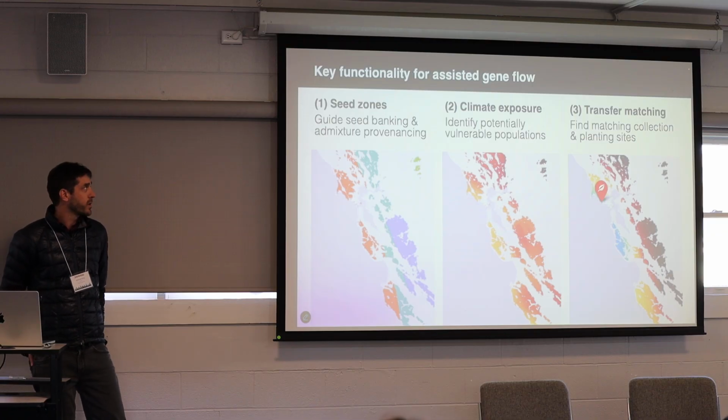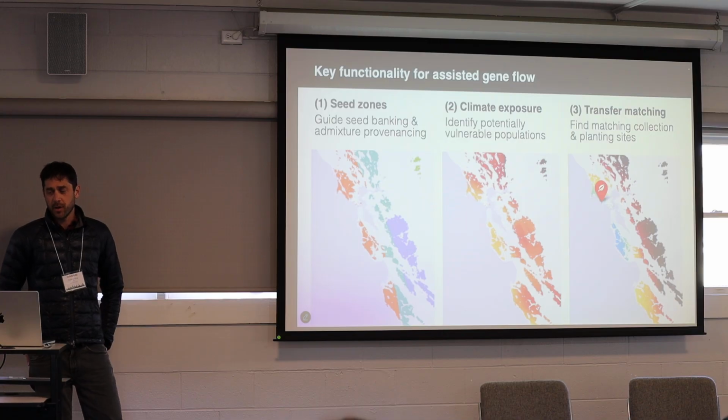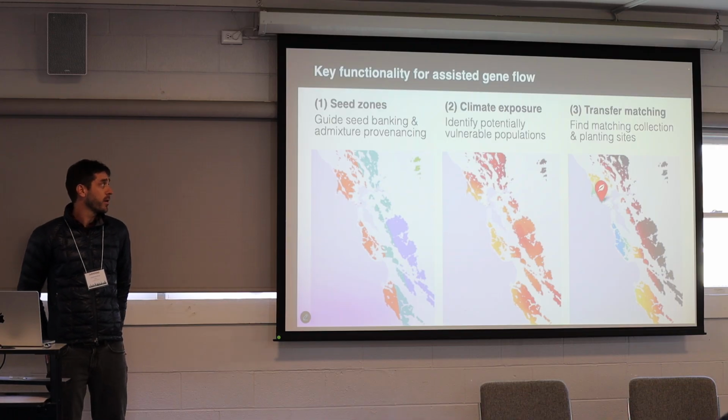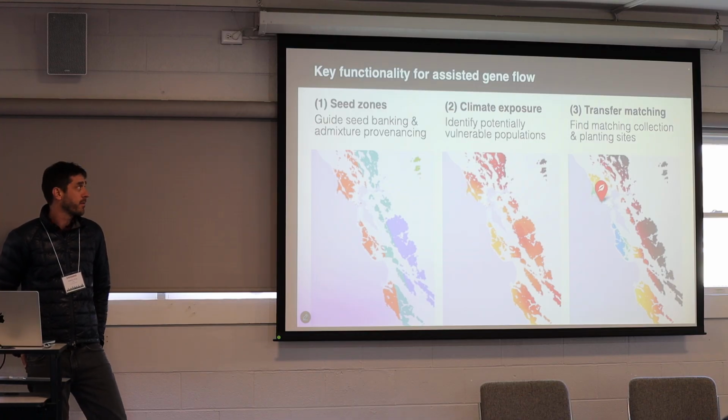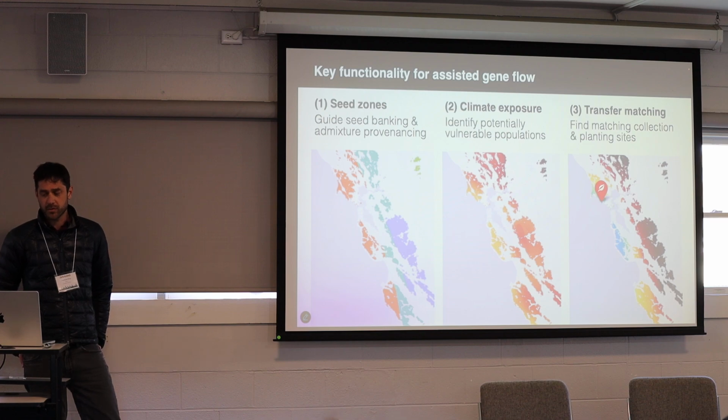So a quick overview of the talk. There are three different features that I want to talk about that are relevant to assisted gene flow and climate change adaptation management decisions in different ways. I'll talk about each of these. It can be used to identify environmental zones to help different choices around seed banking and provenancing.